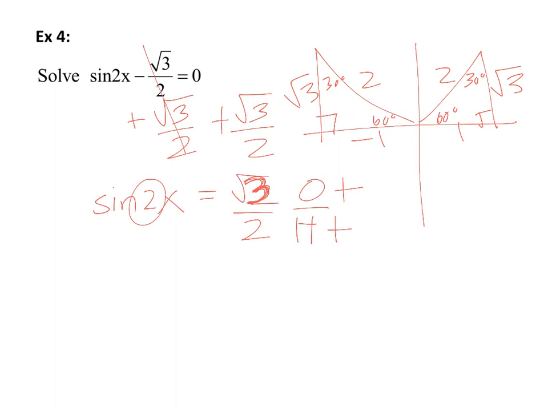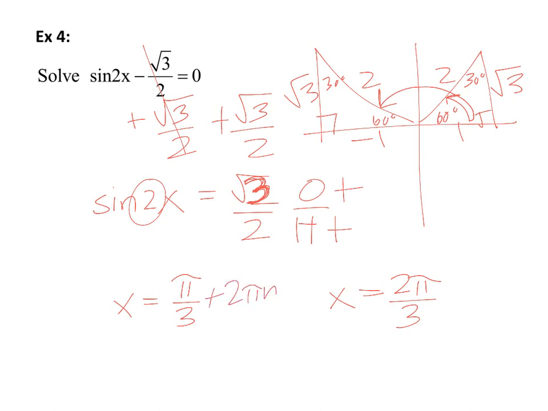Okay, now I'm concerned about my rotation. All right, so 60 degrees is pi over 3. And I'm going to rotate 120 degrees, and that's 2 pi over 3. Alrighty, and then I'm going to add 2 pi n to these solutions because I want all of my solutions.